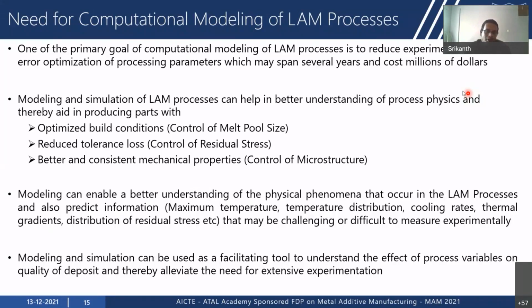So modeling and simulation of the LAM process can help us better understand the process physics, thereby helping us produce parts with optimized build conditions, reduced tolerance loss because of residual stress, and better and more consistent mechanical properties by control of microstructure.